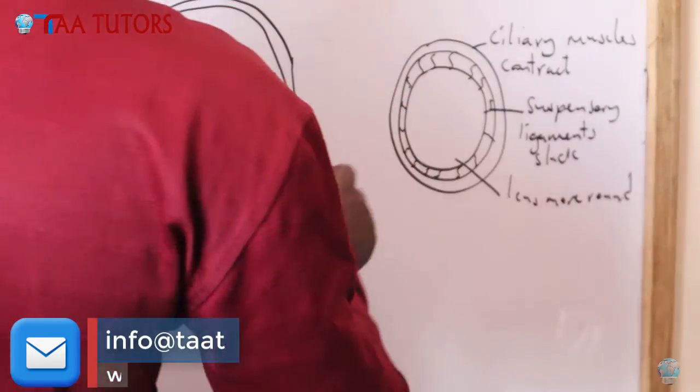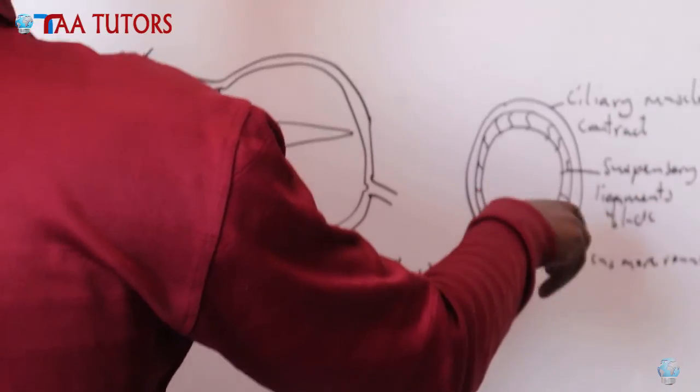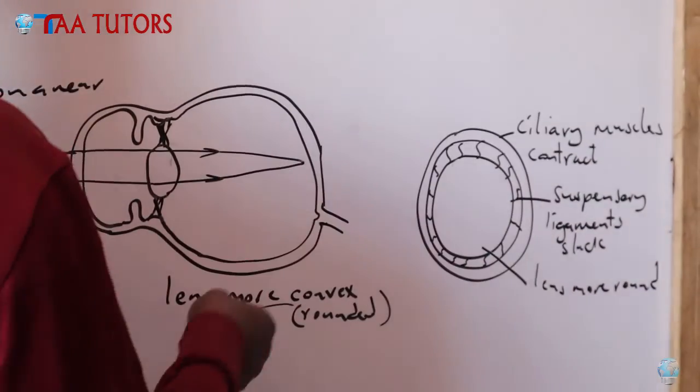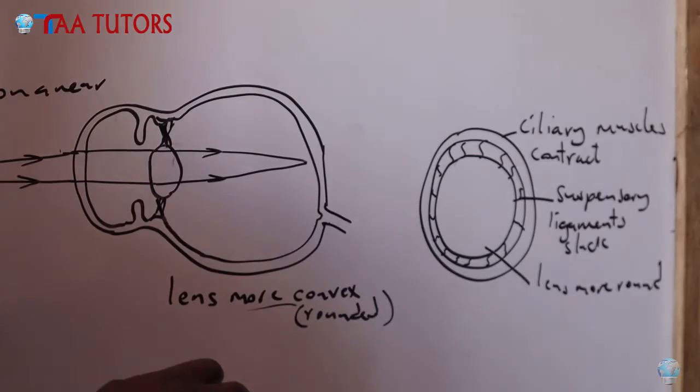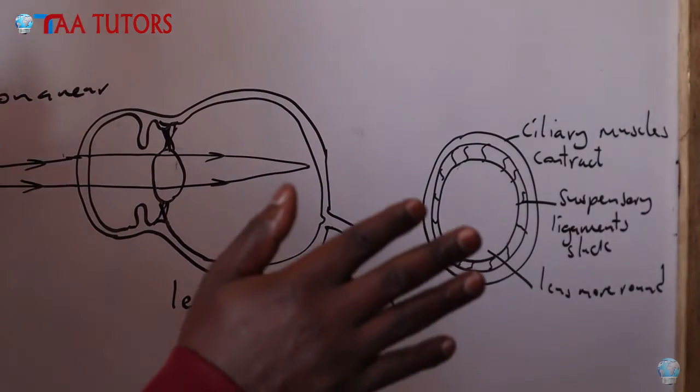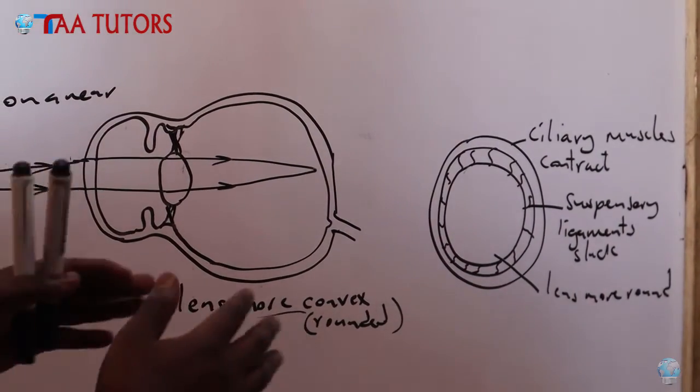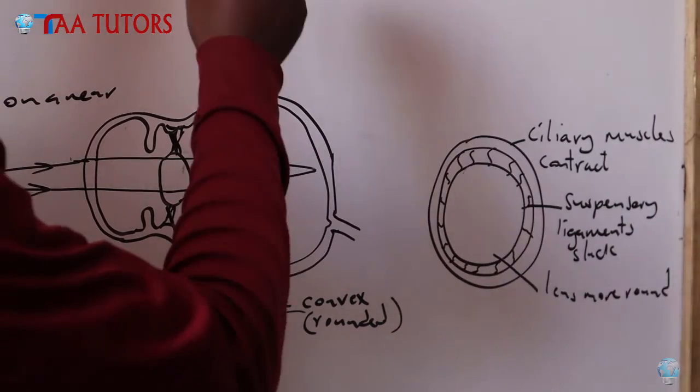This makes the lens itself become more round and convex. So when the lens is more convex, it can bring the rays together very easily, so that it can form the image.